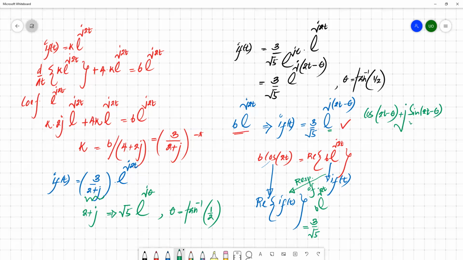The sine term is the imaginary part, and the cosine term is the real part. So this would simply be 3 over root 5 cos(2t minus theta), where theta is tan inverse half.